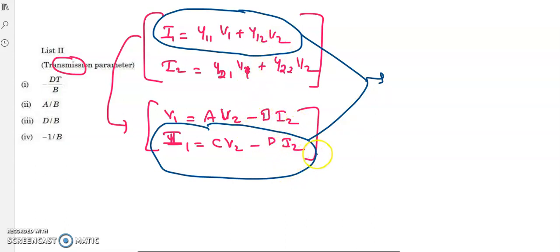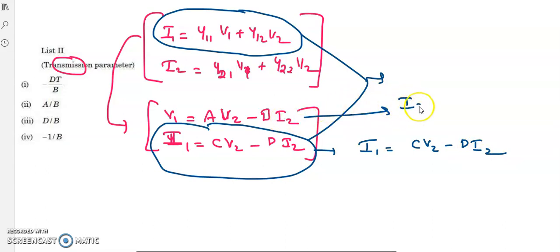So for that, just check: I1 is equal to c v2 minus d I2, and from the first equation, that means from this equation, I can write I2 is equal to a v2 minus v1 divided by b, right? Just take this a v2 and bring this v1 to the right-hand side, then it becomes a v2 minus v1, and bring this b to the downside, so it becomes like this.